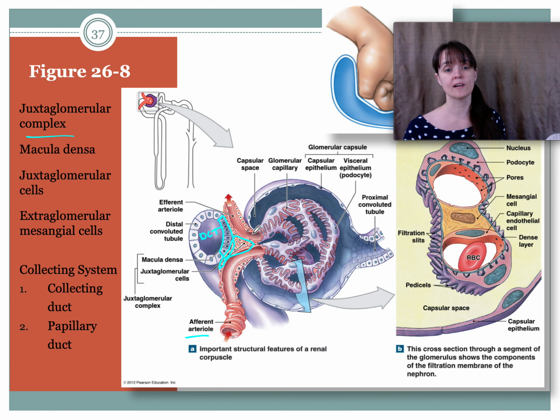This is the R-E-N-I-N renin that starts the renin-angiotensin-aldosterone system, whose whole thing is blood pressure and blood volume. And where is blood pressure and blood volume super important? In the kidneys. And then we also have extraglomerular mesangial cells, and they coordinate the macula densa and the juxtaglomerular cells. Next page.